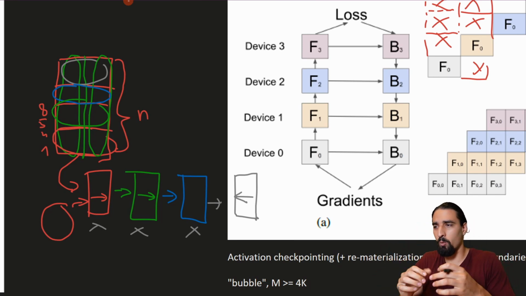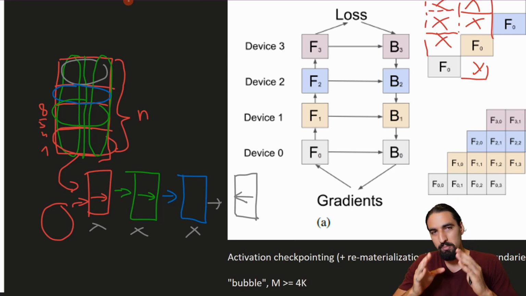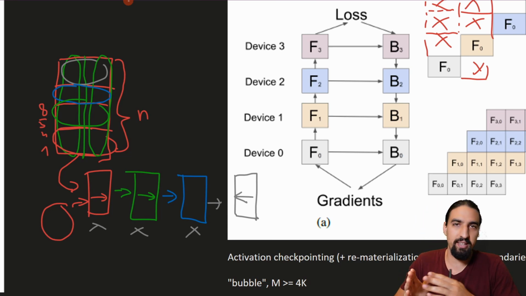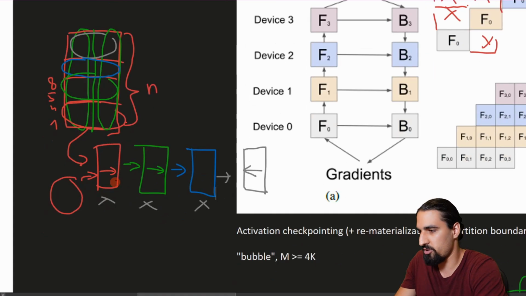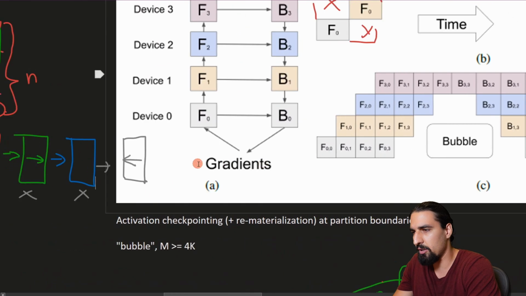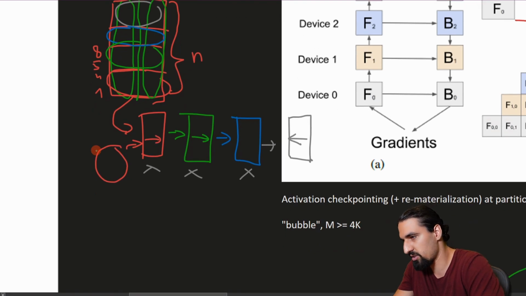So there is a simple way how you can avoid this, and it's called micro batching. So you split your mini batch into multiple micro batches, and then you start feeding them into your pipeline and increase the throughput. Let me show you what I mean by that. So you can see the diagram is here, but let me explain conceptually what it means. Here, what you do is you split this input data into multiple chunks, into so-called micro batches, and you feed this first part here.